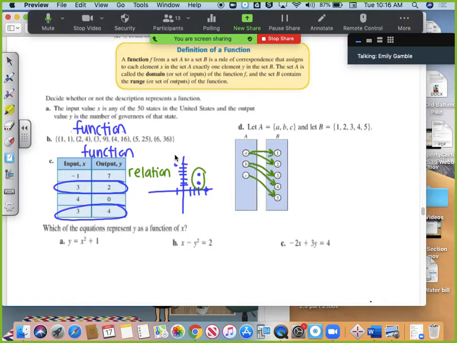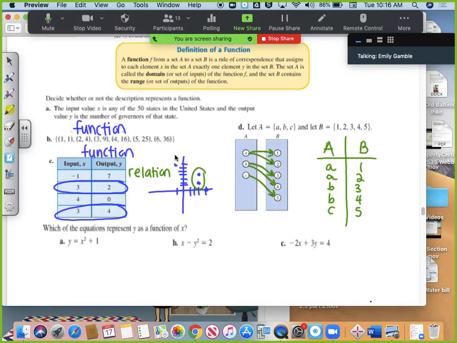So if I was to make a table of this, and instead of using X and Y, I use A and B, A on the first one here goes to 1, so this would be like A1. But then A also goes with 2. B goes to 3, and B also goes to 4, and then C only goes to 5.